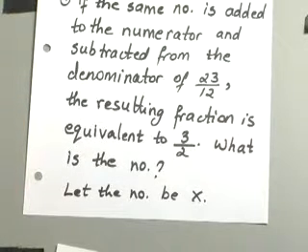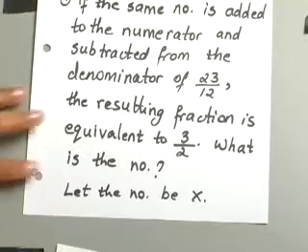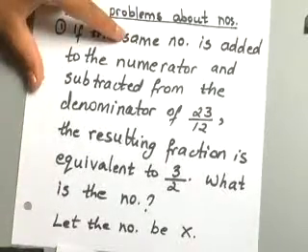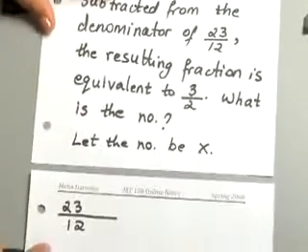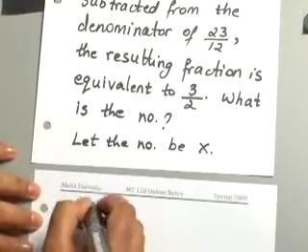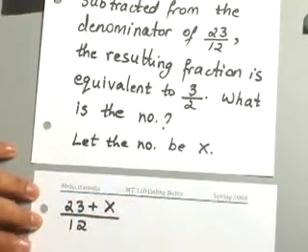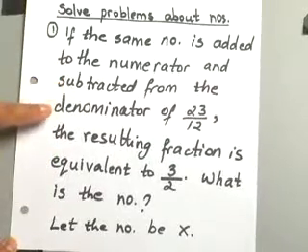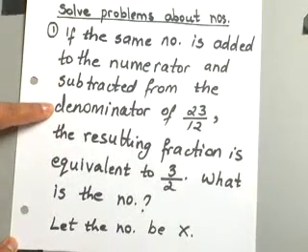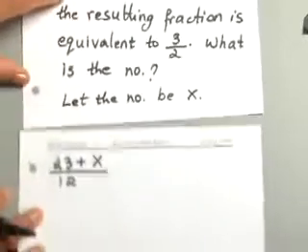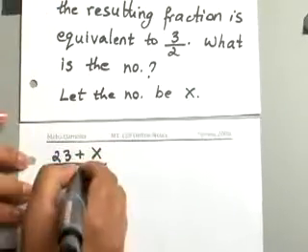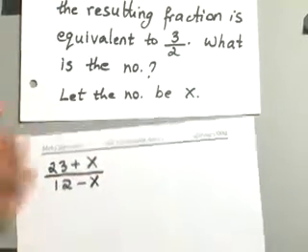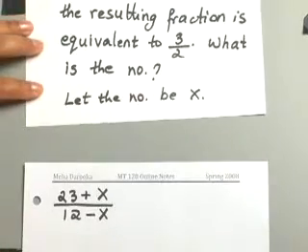We add x to the numerator and subtract x from the denominator. That is the first part of your problem.